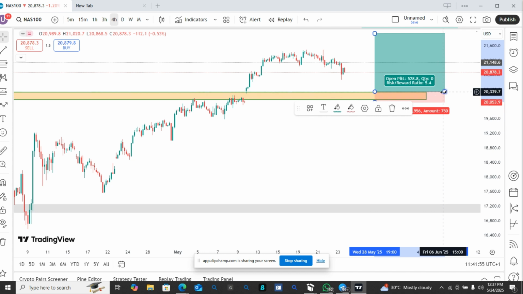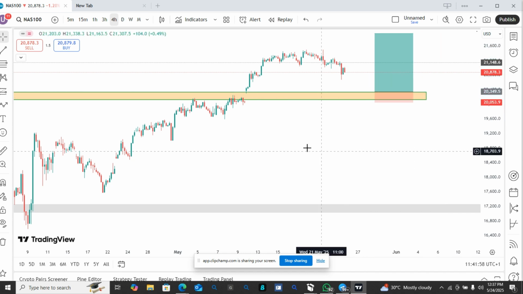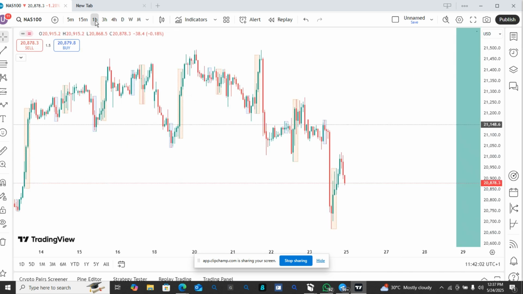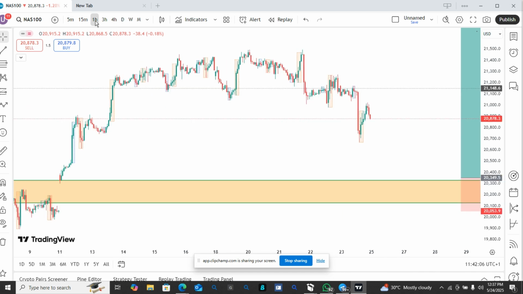So we can equally come down to 1 hour time frame for further analysis. On a 1 hour time frame, you can notice one thing. So this is typically the zone we are waiting for.